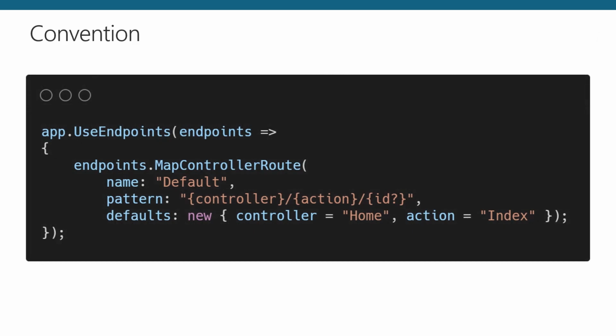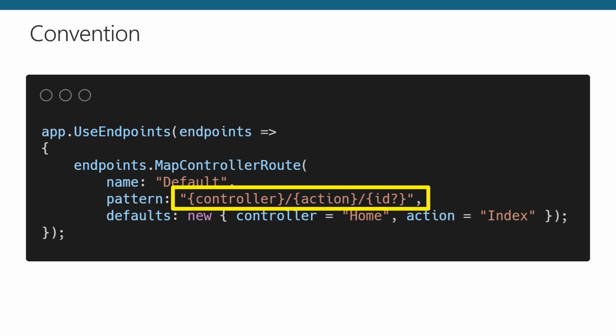Convention is defined in a process where you tell ASP.NET about controller routes and the URL pattern it's matching against. In this example, we're telling ASP.NET Core a couple things. First, we're giving our route the name of default. Although we can call it anything we want to. The name doesn't matter, but it can be used in the future to define URLs for linking purposes.